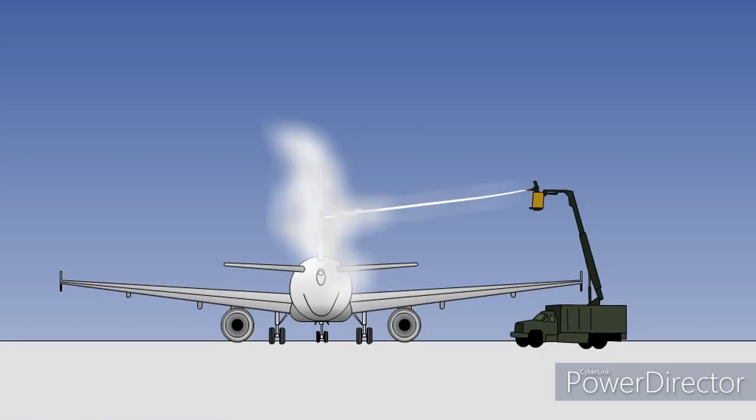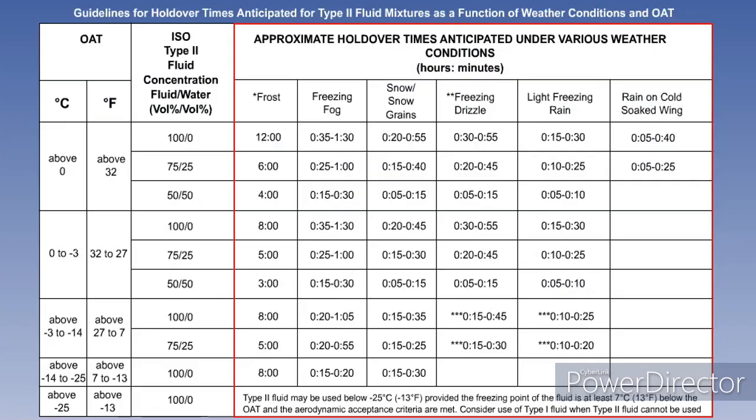The two-stage procedure involves first the removal of ice, frost or snow, and then an anti-icing process. The fluids for both processes have what is known as a holdover time, which is the length of time an aircraft can wait until takeoff before needing retreatment.